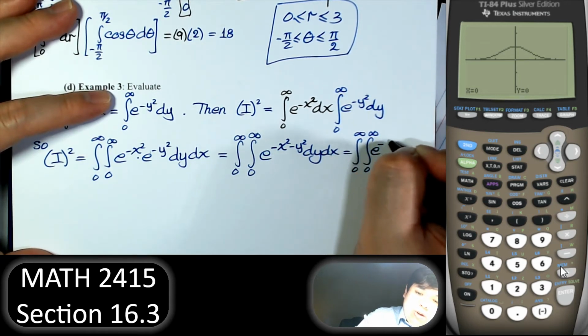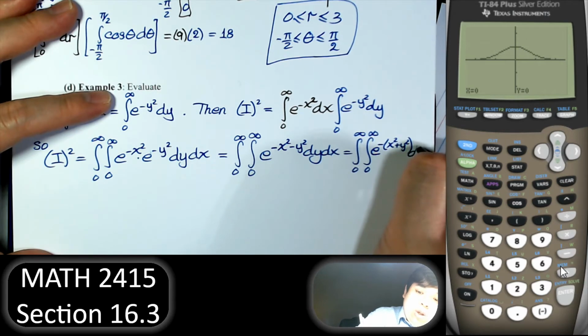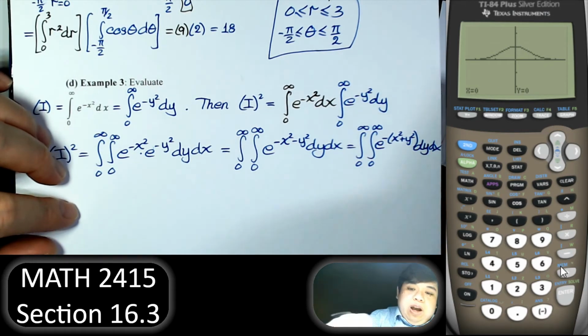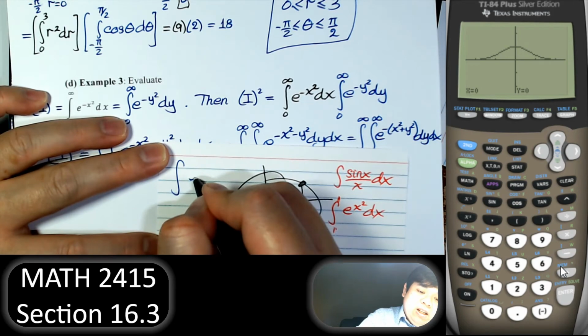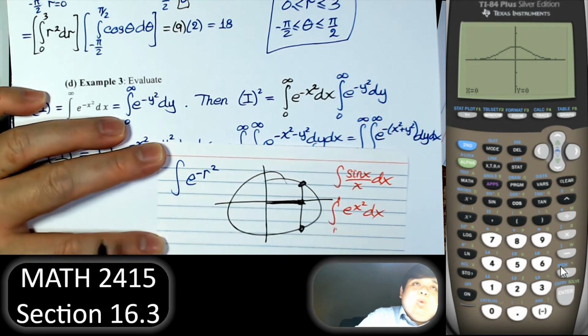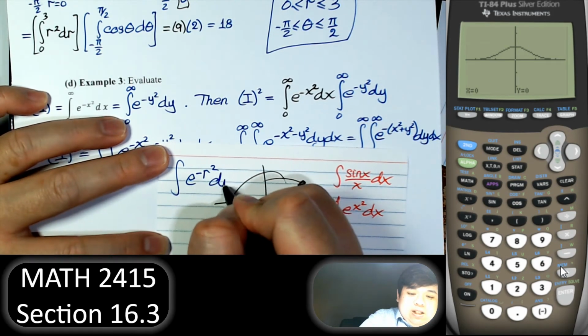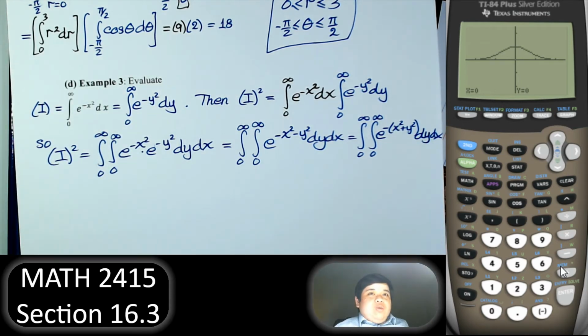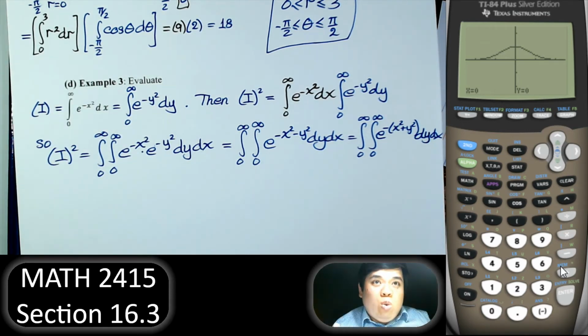And then we can put x squared plus y squared, which of course equals r squared. However, if we have r squared, we still cannot do it. However, as you see, x squared plus y squared looks like r squared, and that could be very nice.